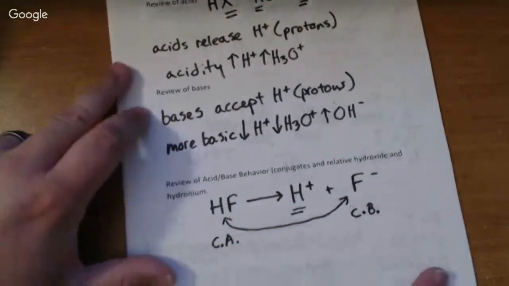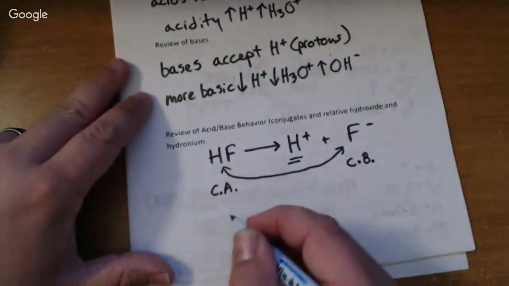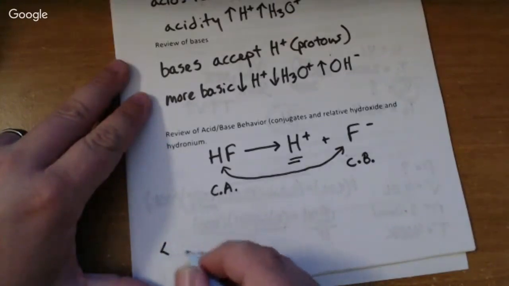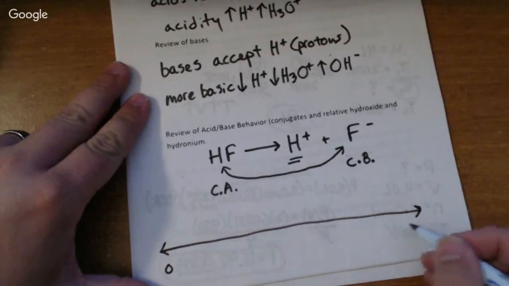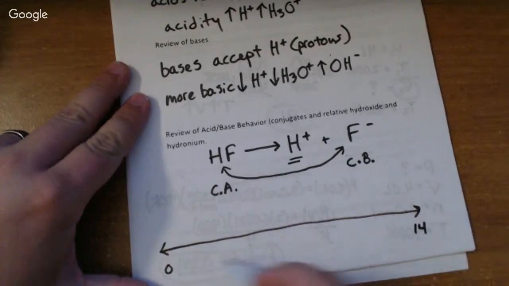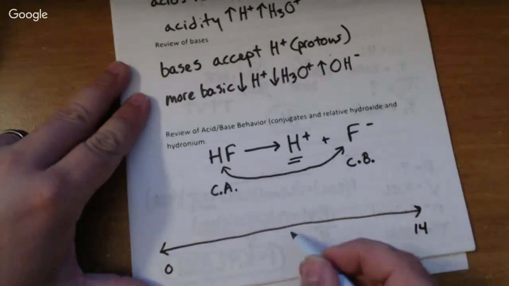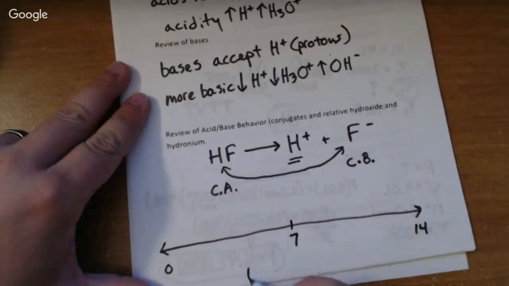Now, going down here, one last thing to review on this area. I've got a scale going from 0 to 14. The halfway point between 0 and 14 is 7. This is going to be our pH scale.